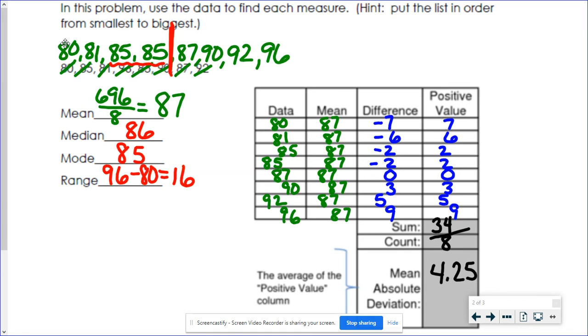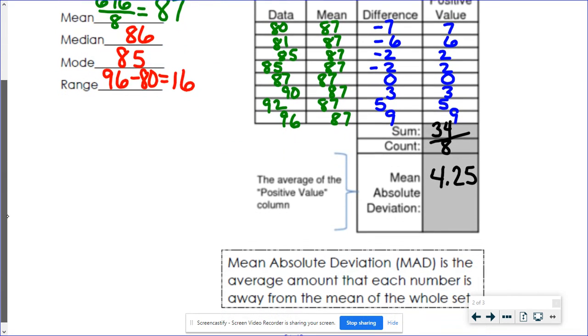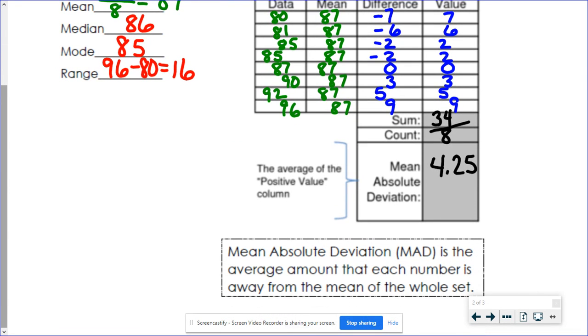So again, that's the average of those different numbers to see how far away they are from the mean, from the middle of those numbers. So that's the mean absolute deviation. And again, it's looking at how spread out these numbers are, and they are fairly close together as a list.